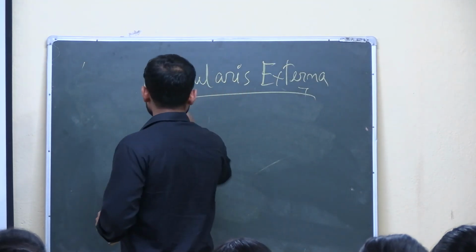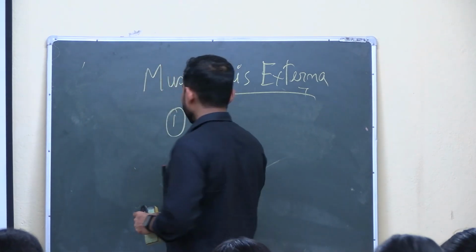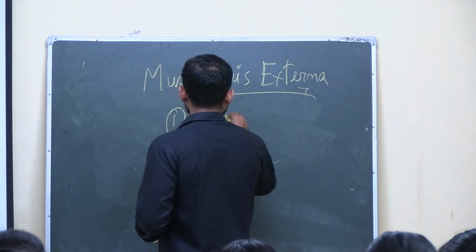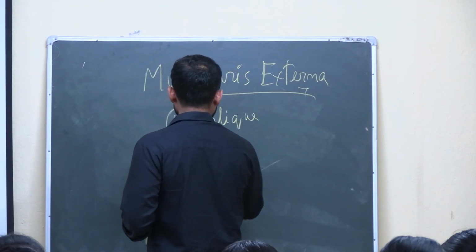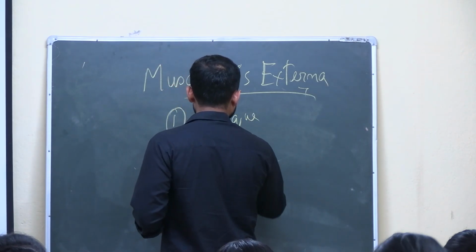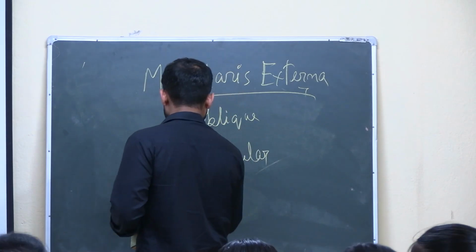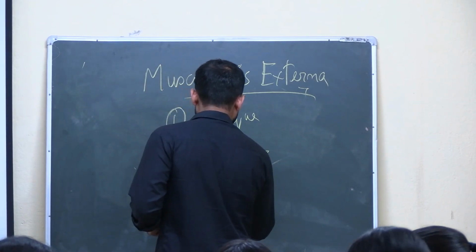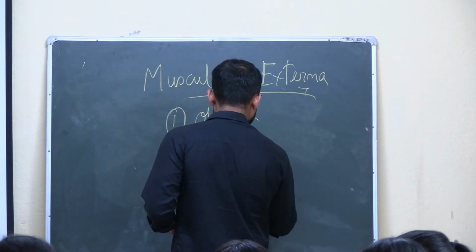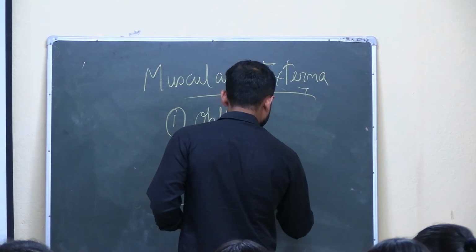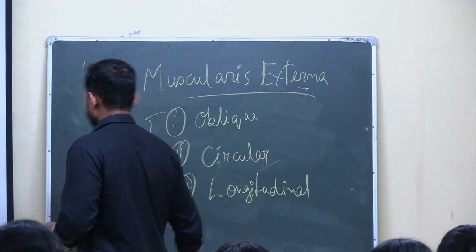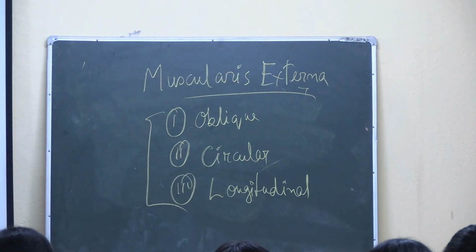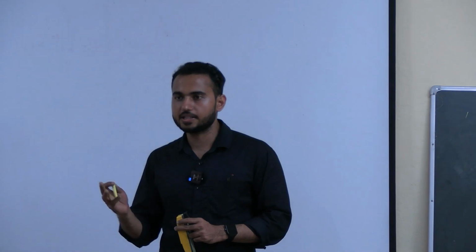First will be the oblique, second is circular, and so these 3 layers are present in the stomach. That is the speciality of the stomach. The muscularis externa will have 3 layers.